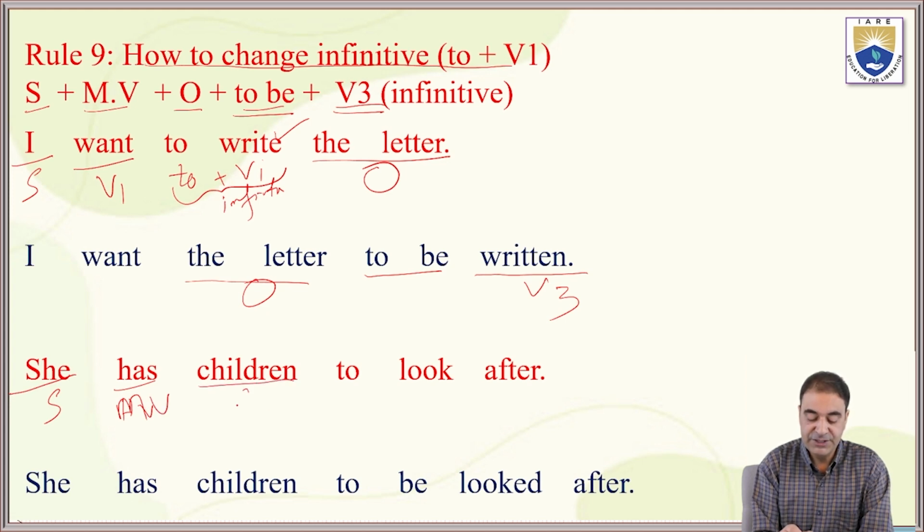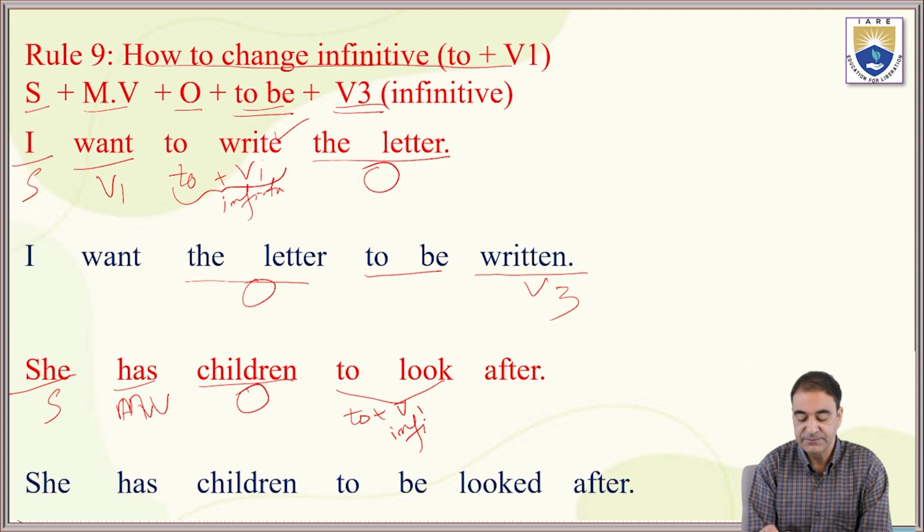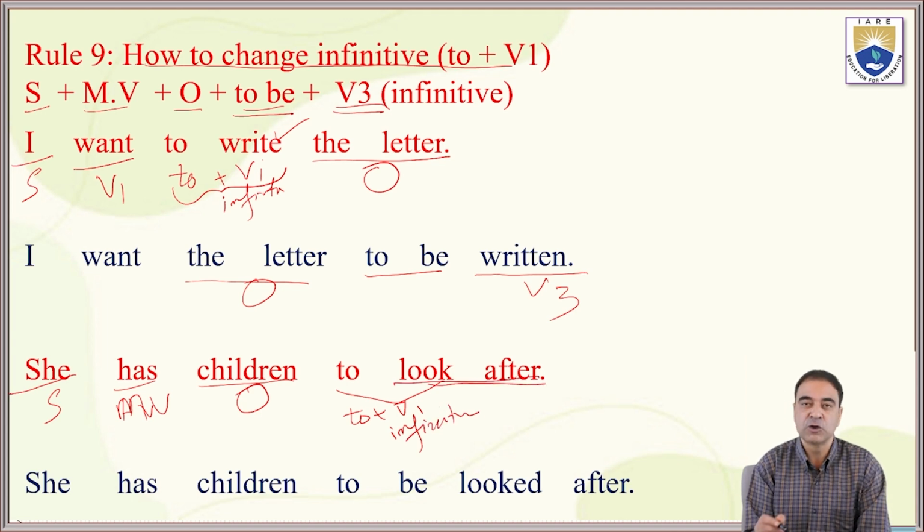Children is the object, a noun object. Then to look after, to plus verb in first form, that is the infinitive. Here the verb is look after, as a phrasal verb.